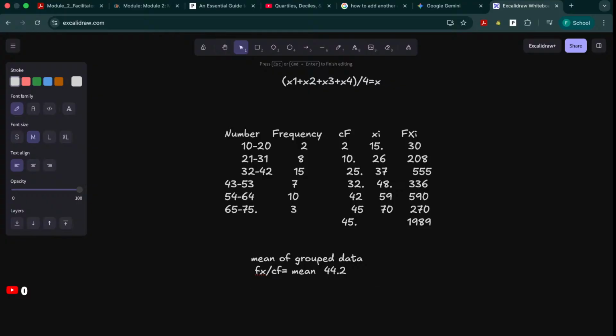Then we have another one, which we call the median. The median of grouped data we do using an interpolation formula. So let me write it, then explain.